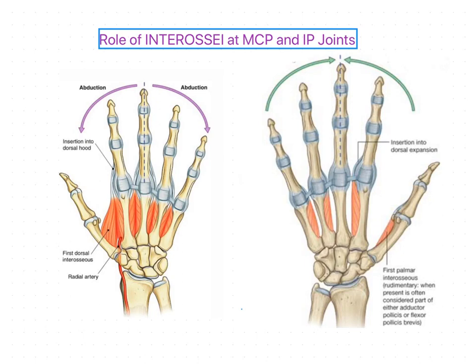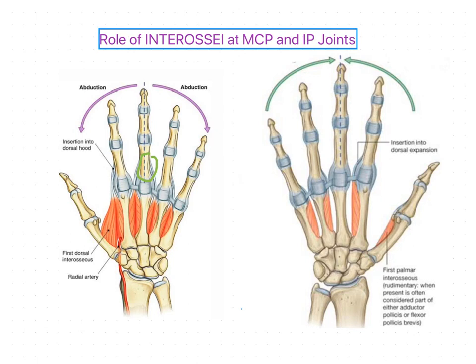So, because of these attachments of the interossei, these muscles can be characterized not only as abductors or adductors of the MCP, that is metacarpophalangeal joints, but also as proximal or distal interossei, according to the pattern of attachment.